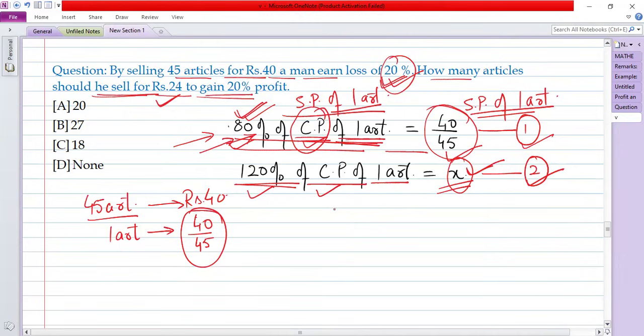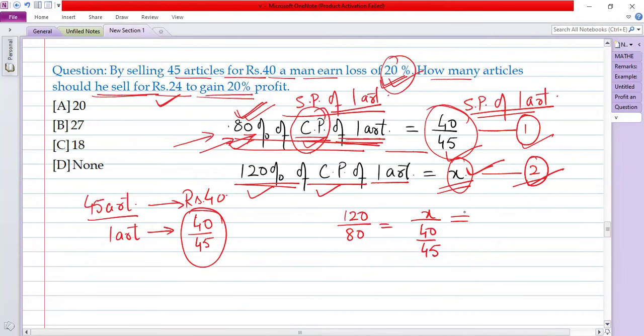We can simply divide. So dividing equation 2 by equation 1, 120 divided by 80 will be x upon 40 upon 45. We can divide in the ordinary way because the left hand side and right hand side of both the equations are the same.